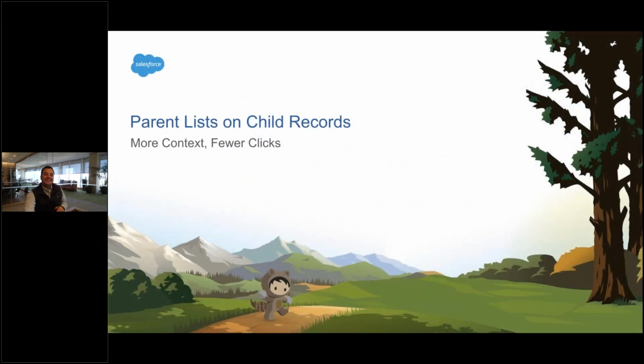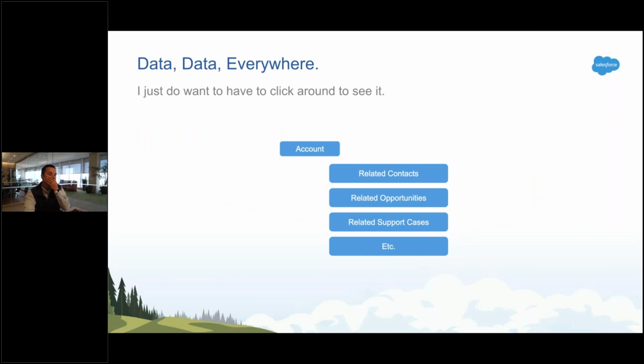All right, this one, you gotta hang with me for a second because it might not make sense, but it's very, very convenient. So think about your account record. Your account has a bunch of related stuff. It's got related lists, all the contacts related to the account, all the opportunities related to the account, all the cases, all whatever.